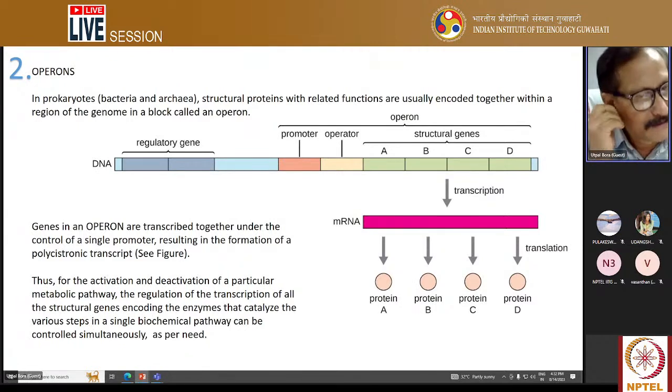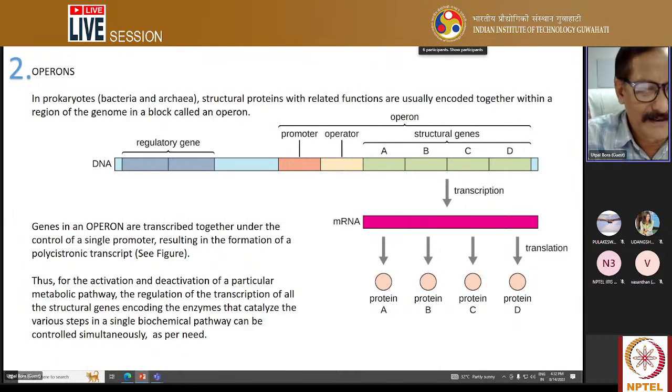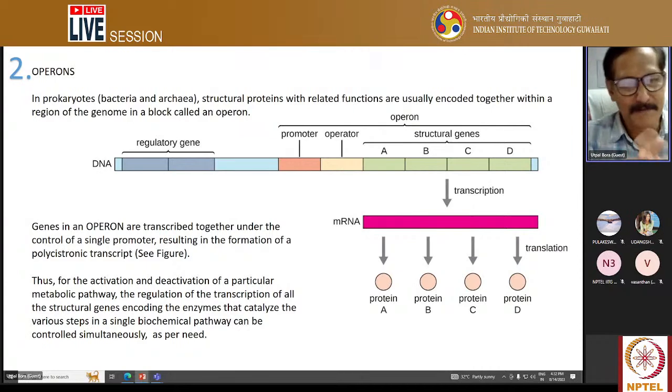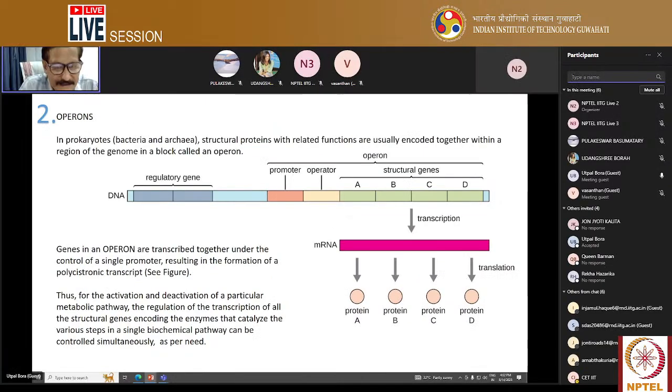So now we know that operons are transcribed together under the control of a single promoter, as you can see in this figure, and this results in the formation of a polycistronic transcript. Thus, for the activation and deactivation of a particular metabolic pathway, the regulation of the transcription of all the structural genes encoding the enzymes that catalyze the various steps in a single biochemical pathway can be controlled simultaneously as per need.